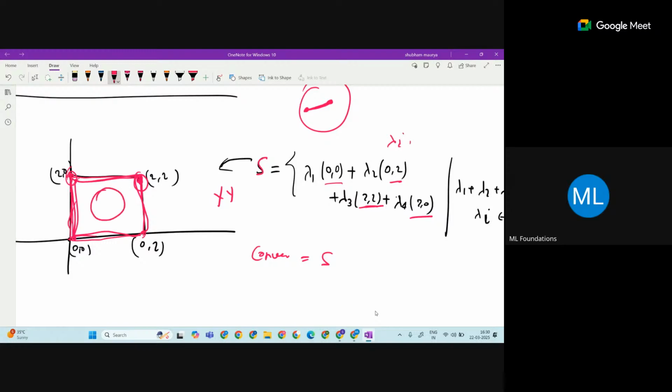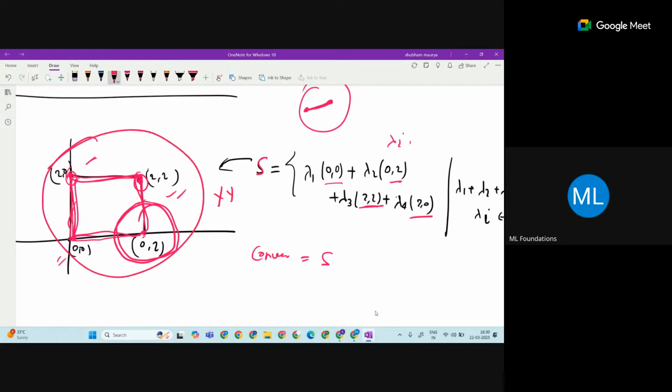If you are taking this region only, or maybe this region only, this is going to be a convex set, but does it contain the other points? No, right? It doesn't contain the other points. So I want those possible sets which contain all of these.